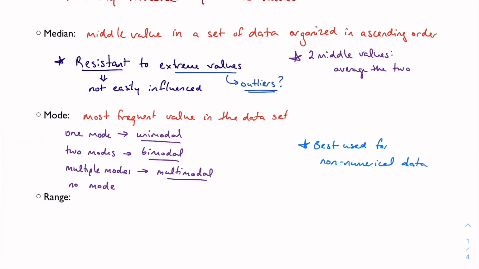If I'm looking at the test scores and maybe 5 students or 3 students, for the sake of writing it, got 100, and maybe these were the other grades, it's not sensical, it's not logical to say that the best way of describing the data is that most people got a 100. An average or a median would be better. But if I just think about a simple poll, just simple voting, the winner is the person, or the thing, that got the mode votes, right? Whoever has the most votes wins, and the mode is the most frequent value.